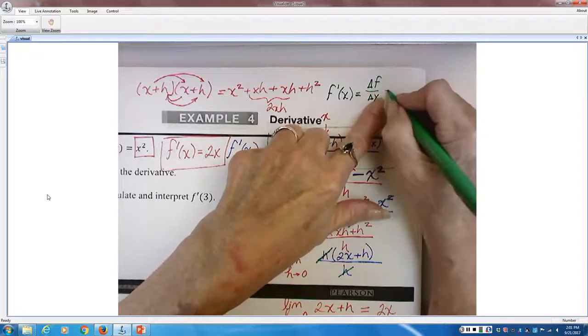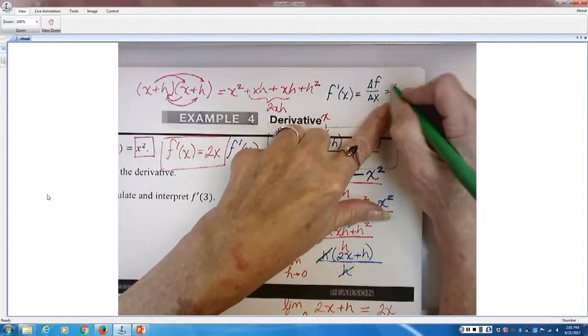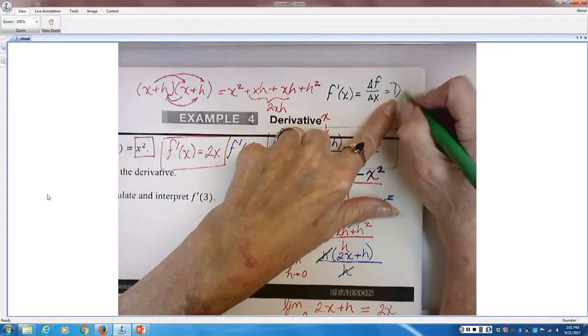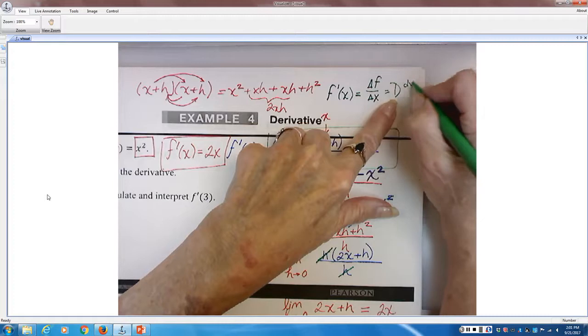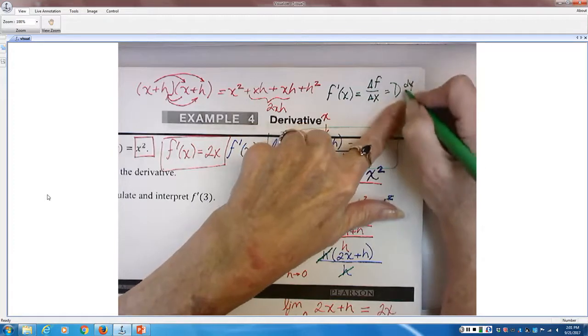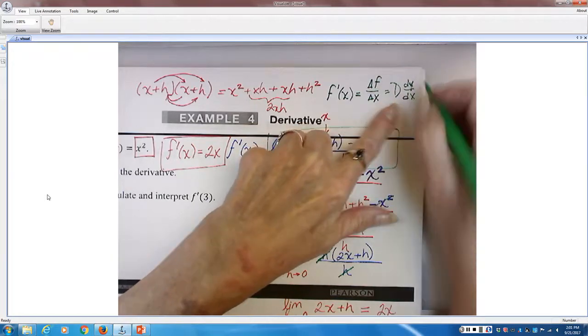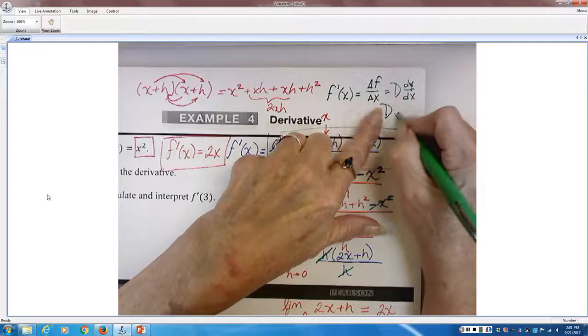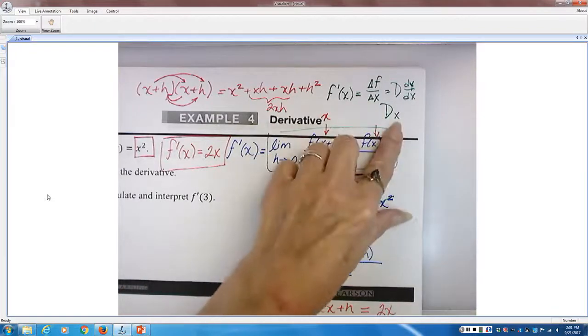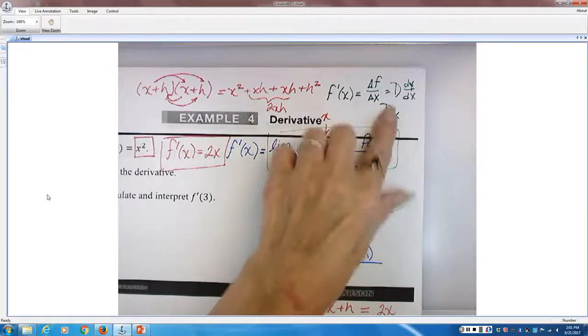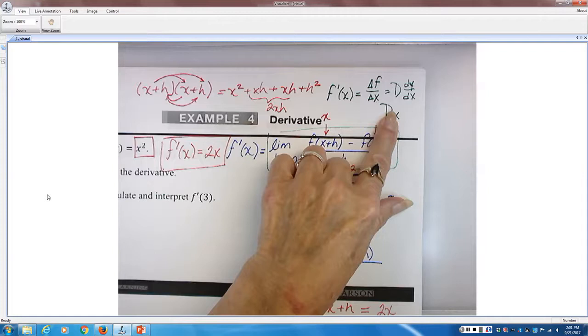And there's another one that I really hate. It's called dy over dx. Some people write it that way, but that doesn't make any sense. It doesn't tell you what you're doing.